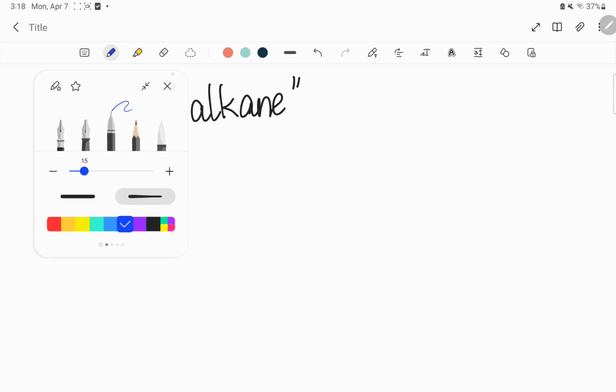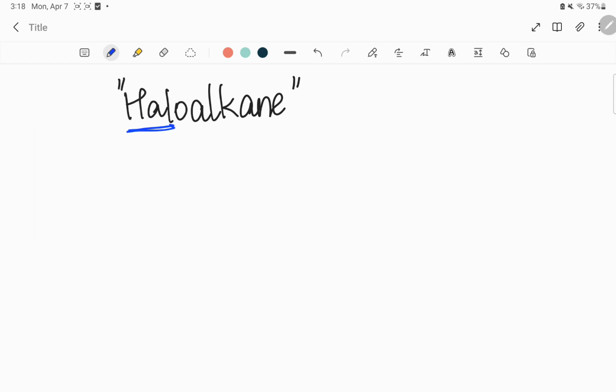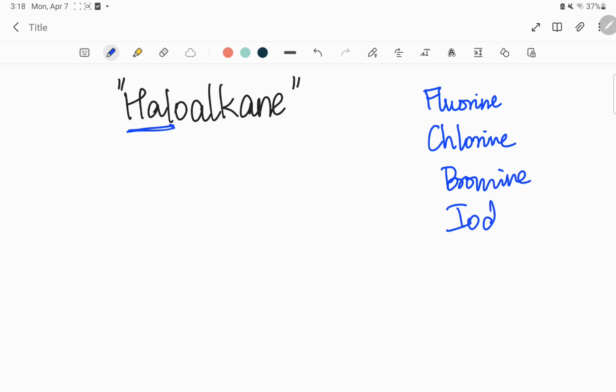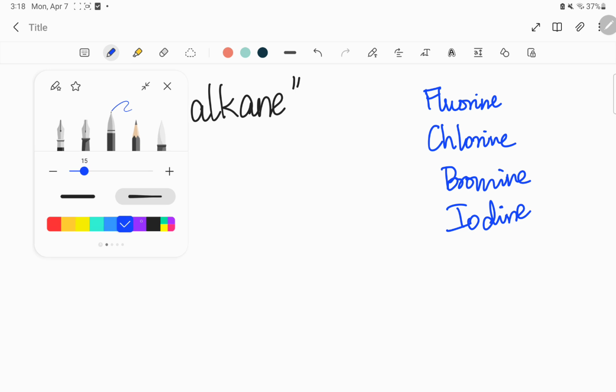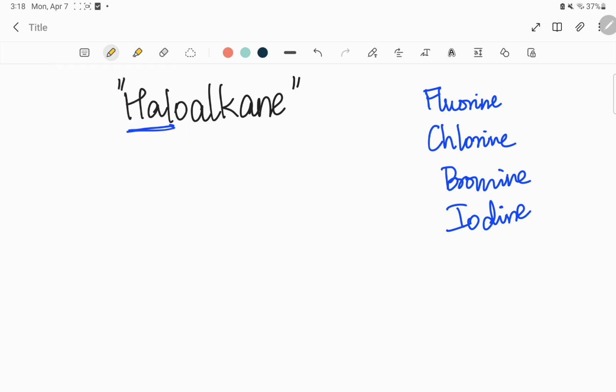In the place of hal, we need to replace the name of the halogen. You know that all the halogens end with ine. For example, fluorine, chlorine, bromine, and iodine. There is astatine and tennessine as well, but these are not very common for grade 12.